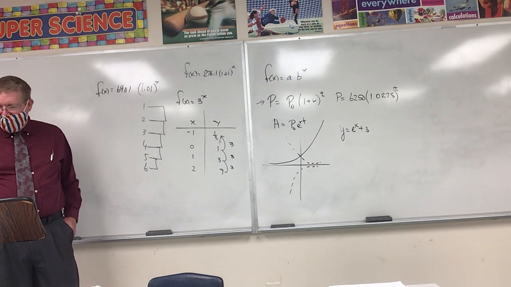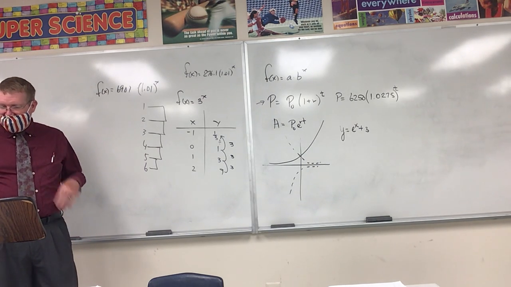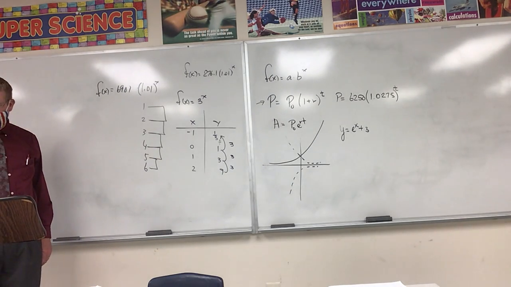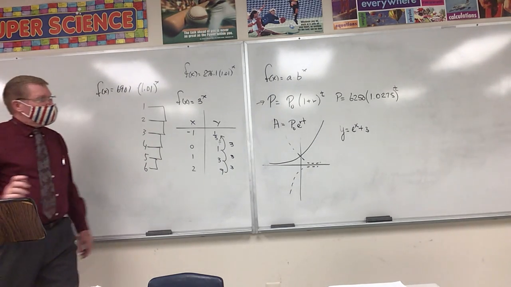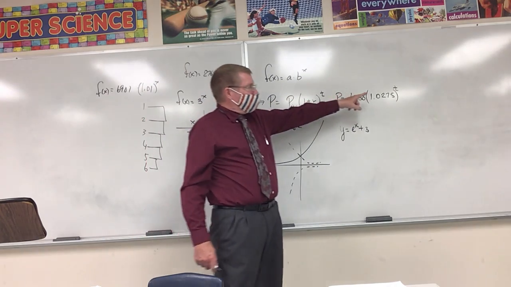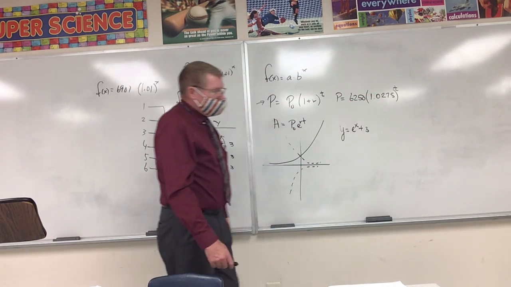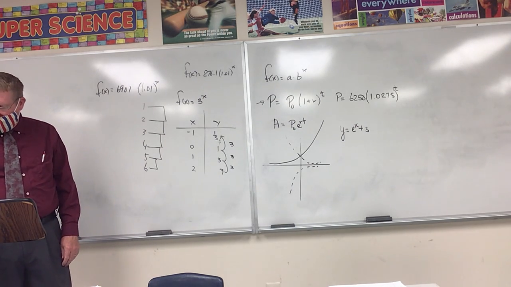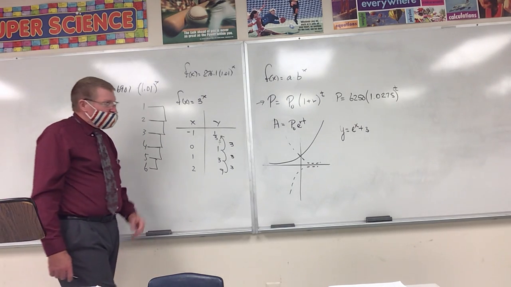So now we want to find out what was the population in 1915. Well, how many years past 1890 was that? 25. So we put 25 for T and calculate. And then we want to find out what was the population in 1940. So how do you calculate that?